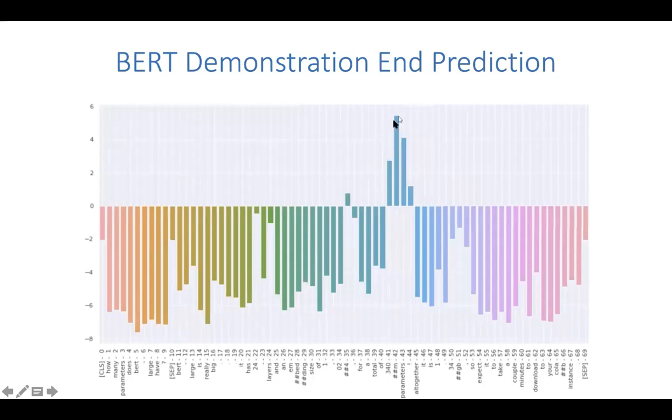The highest logit value is here at M, but it could equally be here, at parameters. For the question, how many parameters does BERT large have, the answer could easily be 300 million parameters instead of 300 million, because that is also a very valid answer. That is why there's a second largest logit here. And syntactically, grammatically, 340 can also be a correct answer, so that is why 340 has a large logit value here as well. So that is the introduction to BERT.